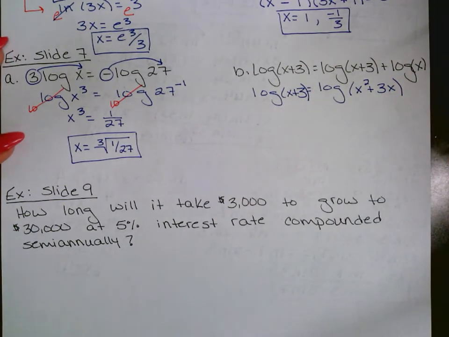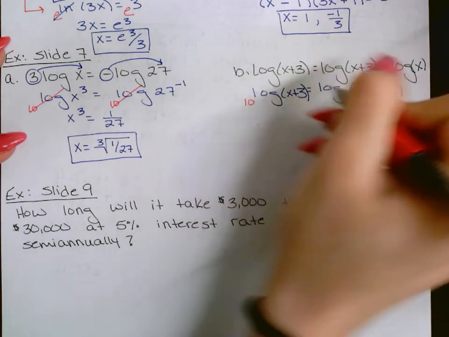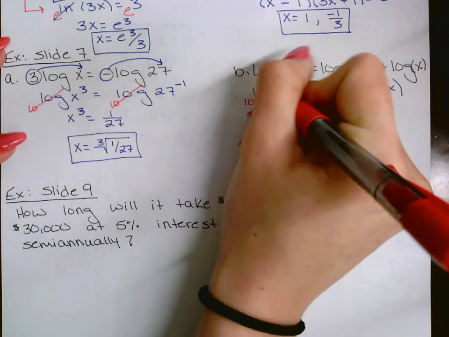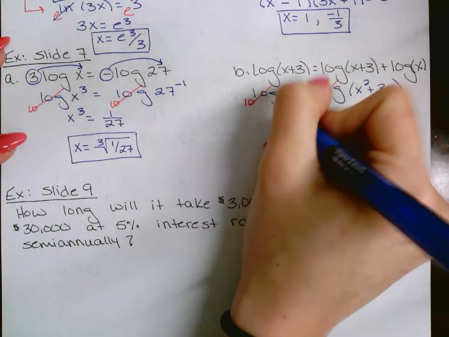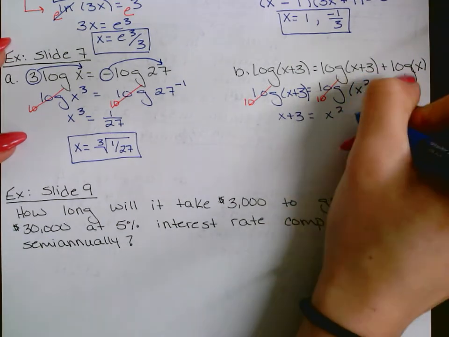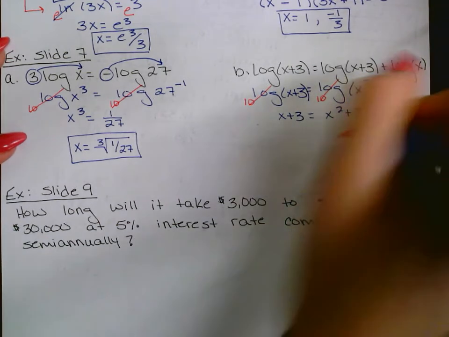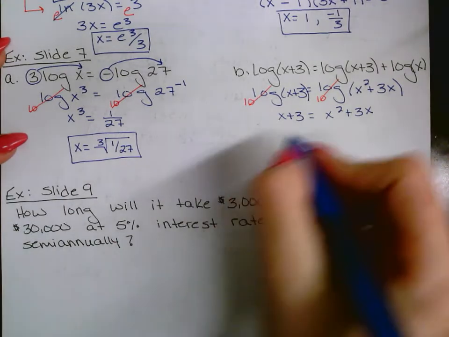How do I eliminate those logs? A base of 10. Okay? So now I have x plus 3 equals x squared plus 3x. I'm down to a polynomial. Get everything on the same side.